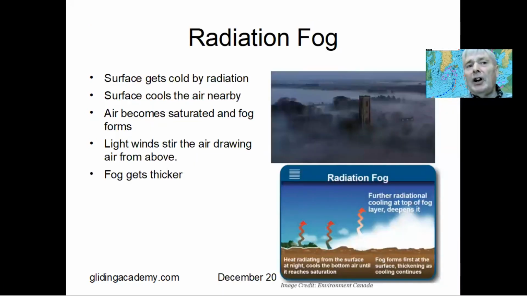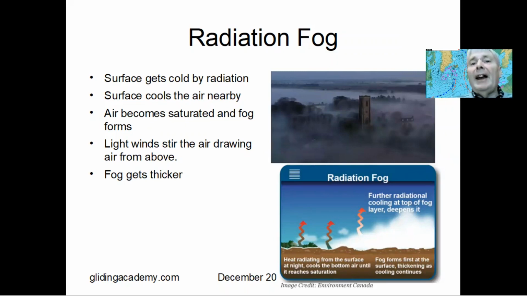Radiation fog is another example. The surface gets cold by radiation, typically at night, and then in the early hours of the morning, when the surface is cooled sufficiently, that's cooled the air adjacent to it, which is then saturated.